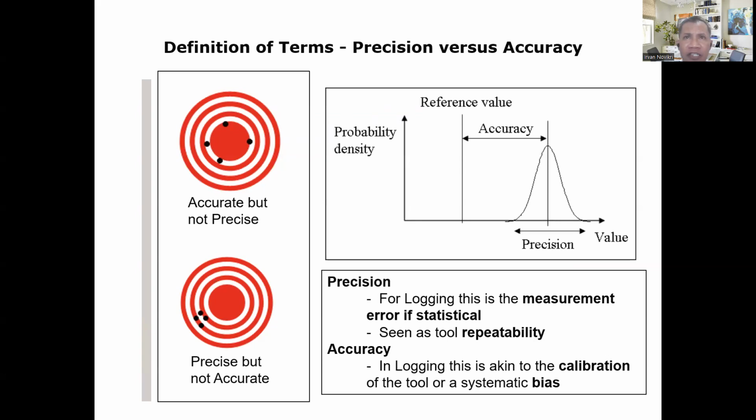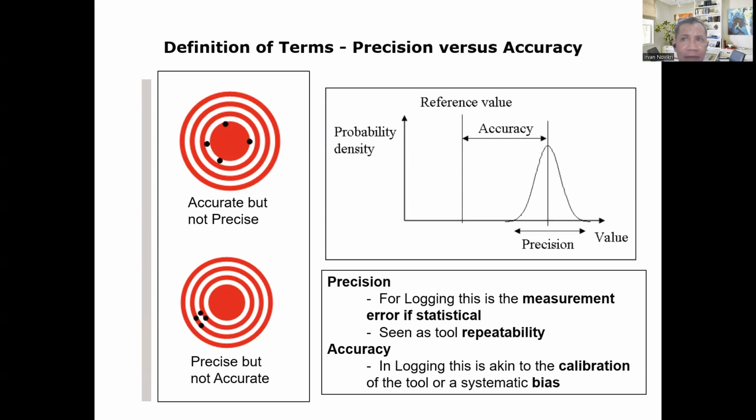So, in wireline logging spectrum analysis, precision refers to the measurement error or statistical variability, indicating how consistent the measurements are when repeated. On the other hand, accuracy of logging refers to the calibration of the tool or the presence of systematic bias, indicating how close the measurements are to the true value.